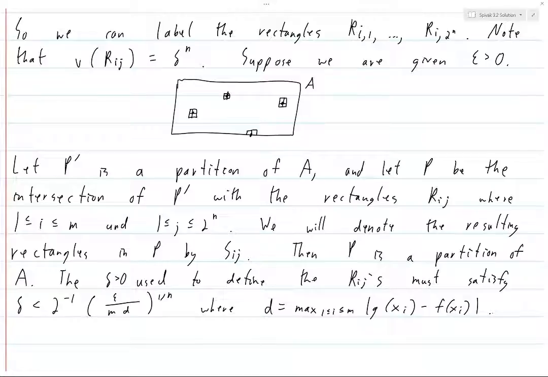And furthermore, if we look at this picture, it could be possible that some of these rectangles that we've drawn here have been reduced. Like say down here we've got this larger one that was still there, but now in our partition P prime we had a really small rectangle around this point, and so it became like that. So some of these Rij's could have gotten smaller, but it's still the case that these Sij's will each have one of the Xi's at one of the corner points.